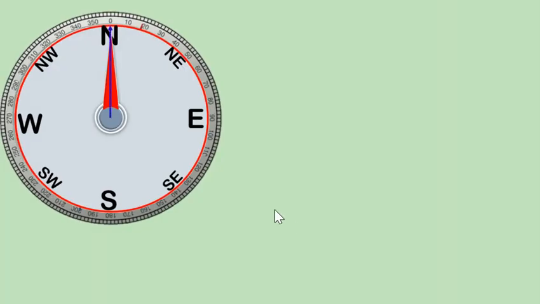So we have the pointer at 0, and then it moves and stops at what angle? Almost 120. So what angle is that? That is 117 degrees if you measure it carefully. 3-digit format is 117.